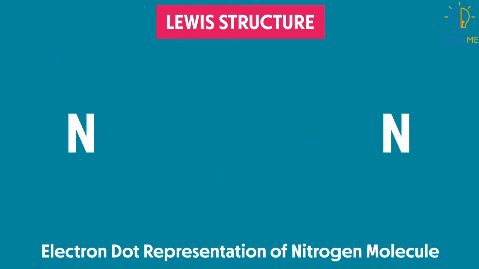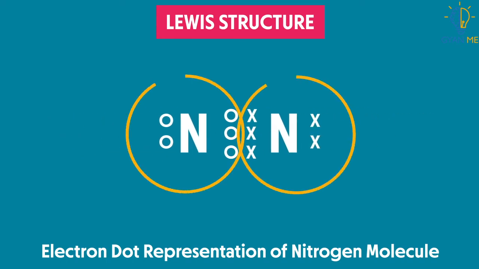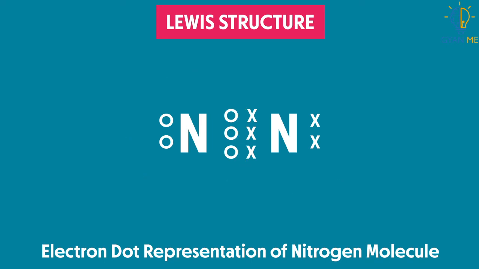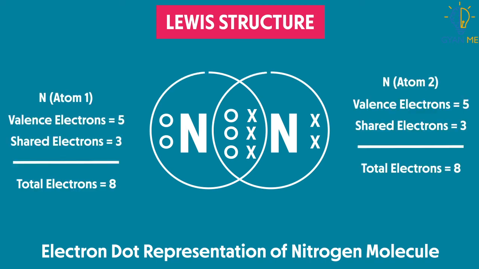N is the symbol of the 2 nitrogen atoms that form a bond. The valence electrons for one atom are drawn with dots and for the other with crosses. As there are 5 valence electrons in nitrogen, we group them into 2 and 3. The reason for taking 3 here is that each nitrogen shares 3 electrons with the other nitrogen.